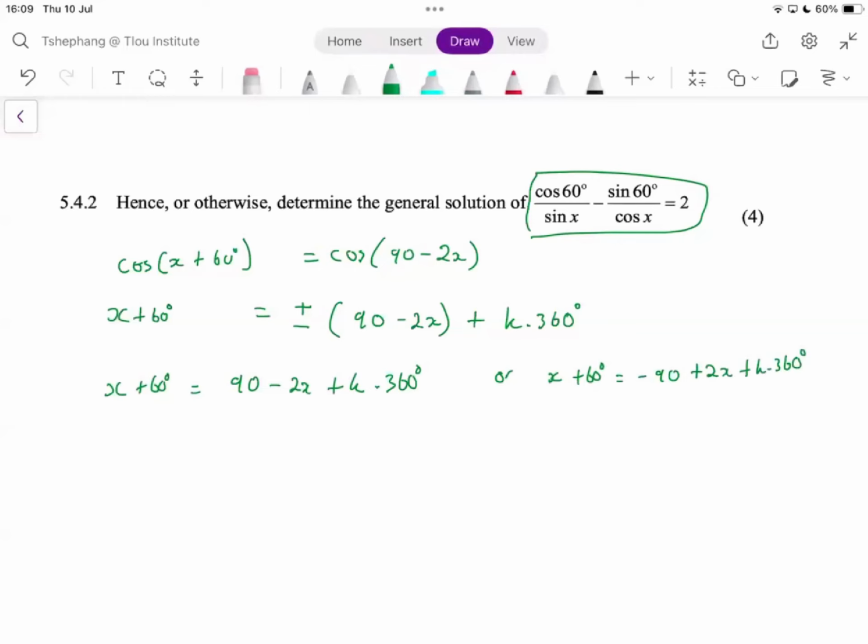Now it's just a matter of solving. 3x is equal to 30, if you take the 60 over to the other side, plus k 360. Solve the other side as well. Or negative x is equal to negative 120 plus k 360.